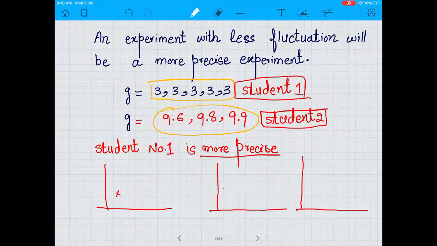So the data achieved by student number 1 was this. The data achieved by student number 2 was this. The data achieved by student number 3 was this.